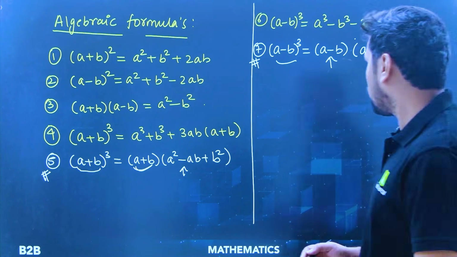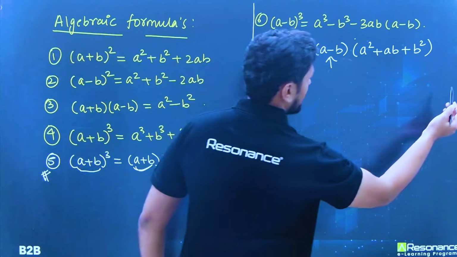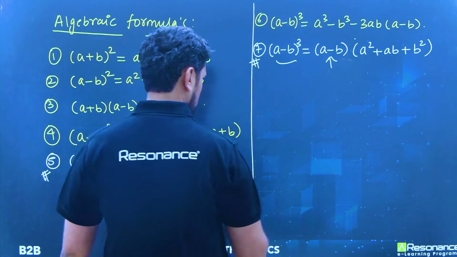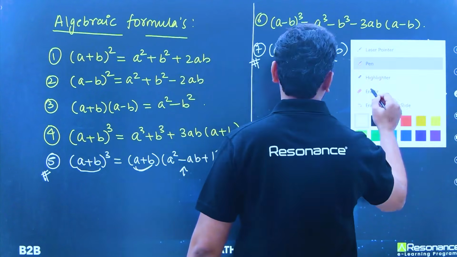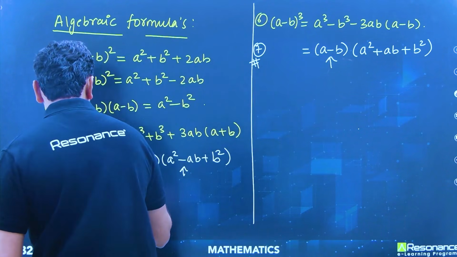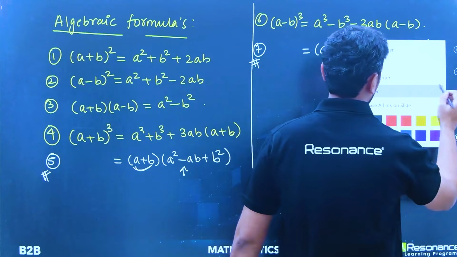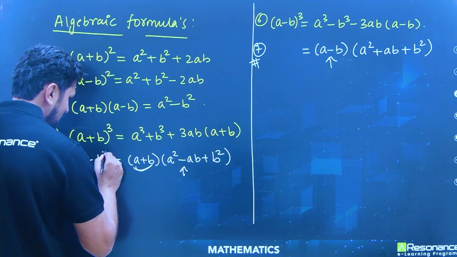Fifth one is wrong. Sorry, I have written it wrong. It's a cube plus b cube. A cube plus b cube. Sorry, some printing error here.